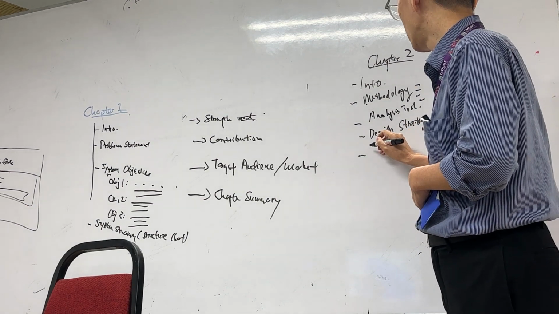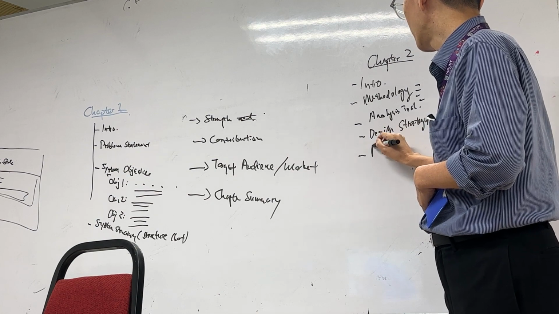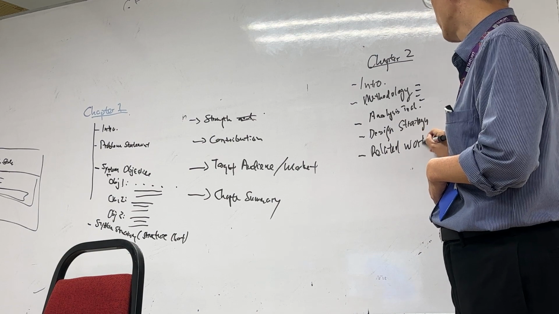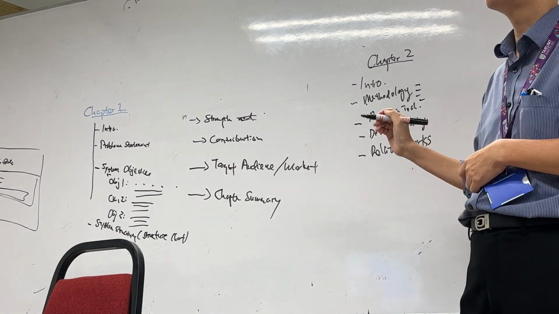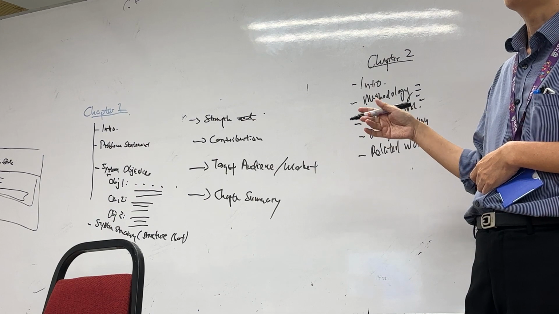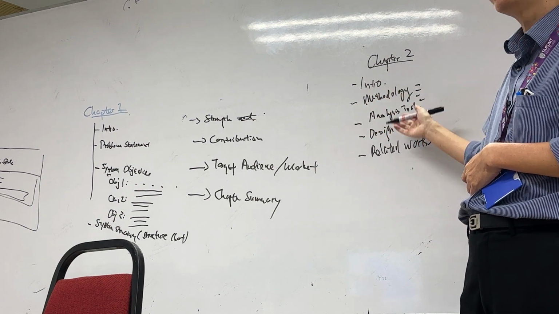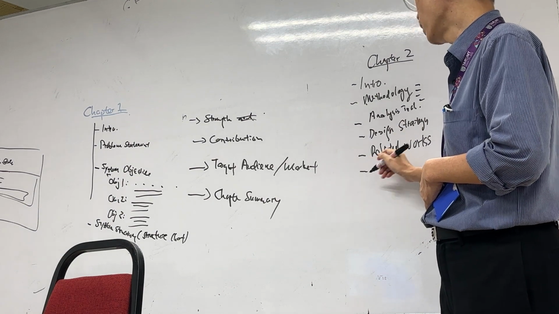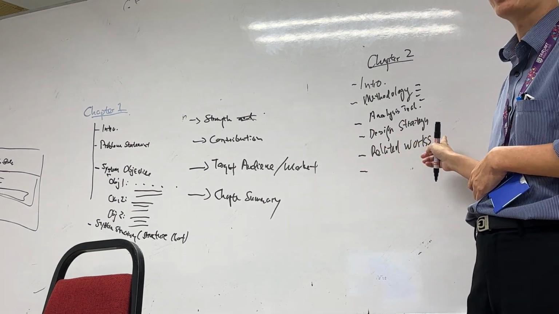And then maybe you can have related works. Related works means, let's say for example, you are going to do a warehousing system, then you can have findings and a comparison on those related works. You can also compare existing systems.